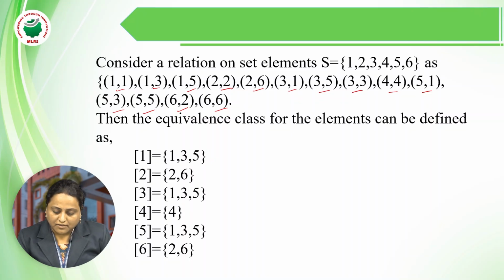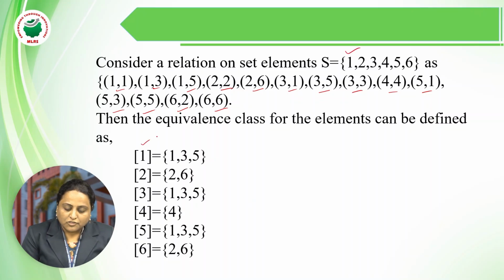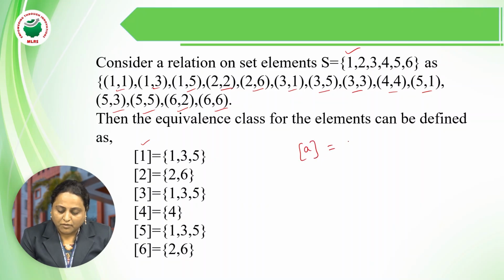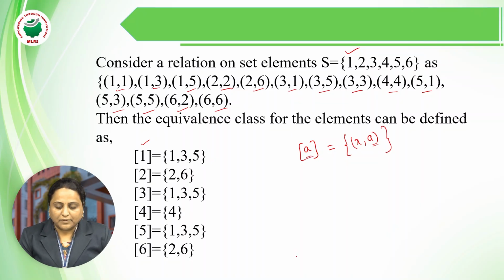So now you can check the equivalence class for the elements. Let us take the first element in the given set, that is 1. As we have discussed, for a particular element you can form the equivalence class by collecting all the ordered pairs in the form (x, a). Here x may be any element, but a is the element for which you are finding the equivalence class.